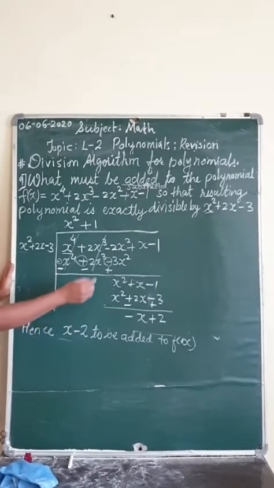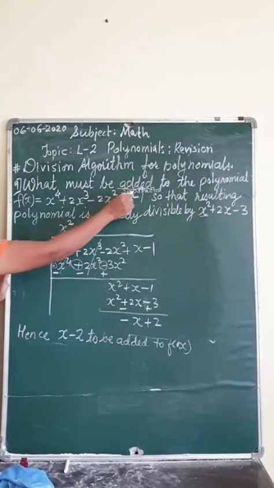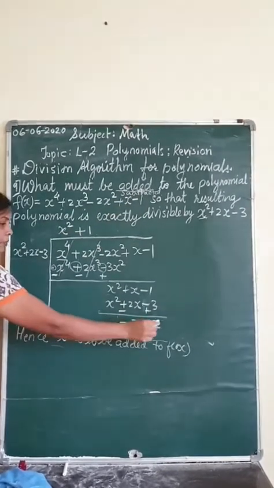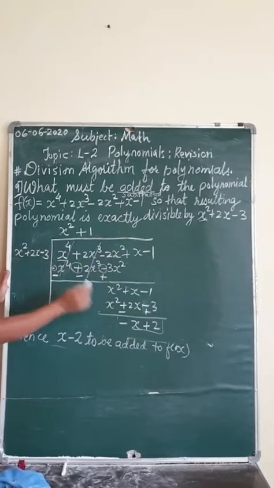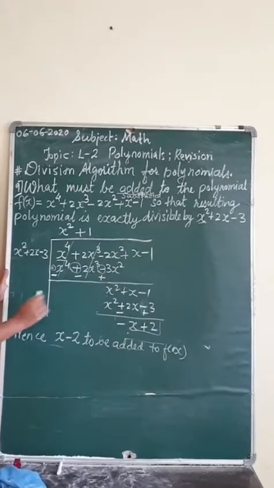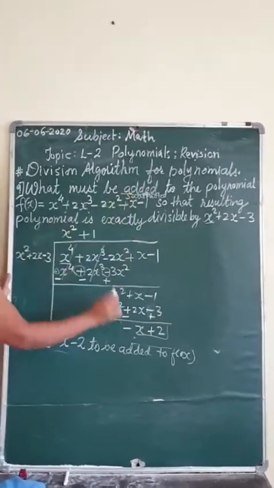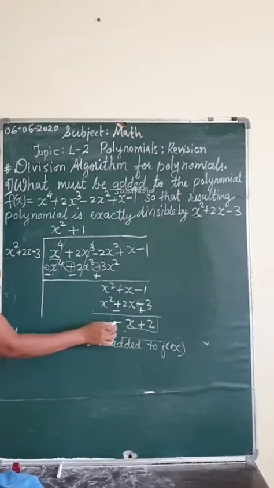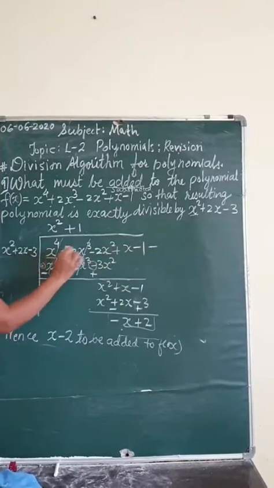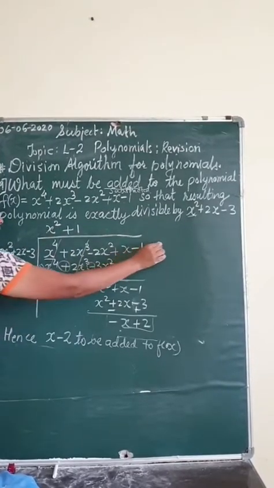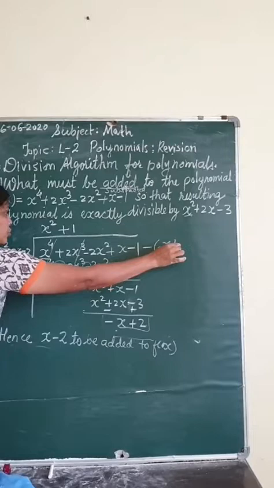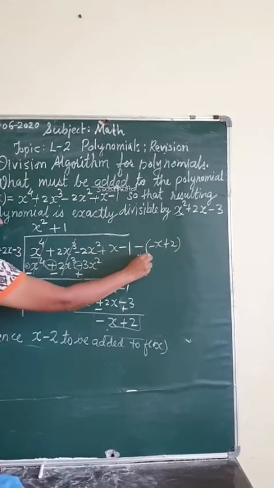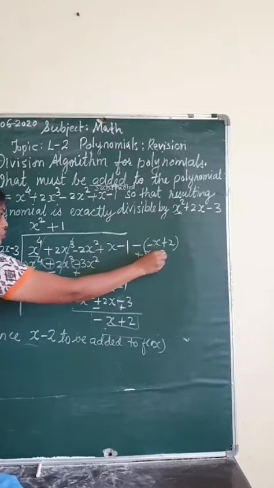So let's verify with the word subtracted in place of added. The remainder we get from this division is this. If the remainder has to be subtracted from this dividend polynomial, it will be minus of minus x plus 2, which gives plus x minus 2.